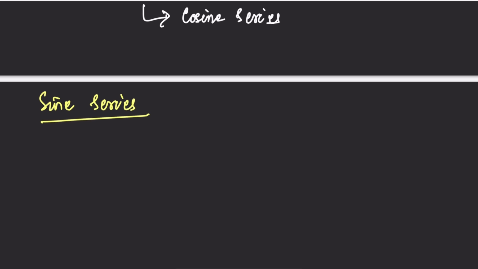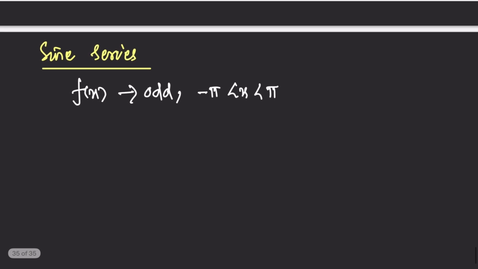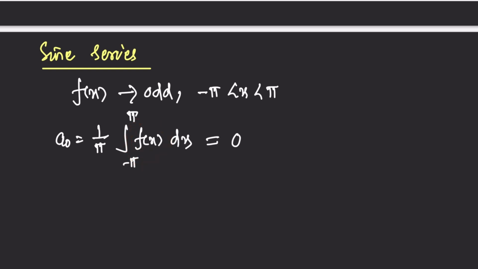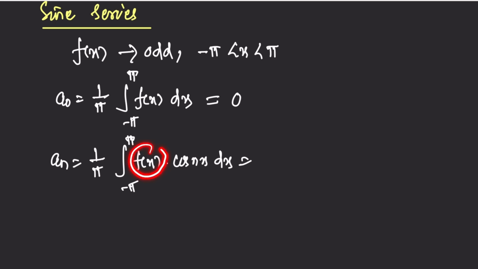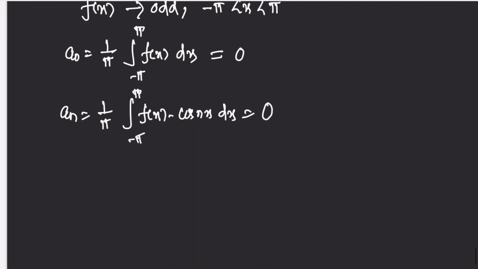Sine series. Let's consider the Fourier series expansion of an odd function on the interval minus pi to pi. In this case, a0 is, since f of x is odd, the integration becomes 0. An is, f of x is odd, cosine x is even, so the product of odd and even is odd, so the integration becomes 0.